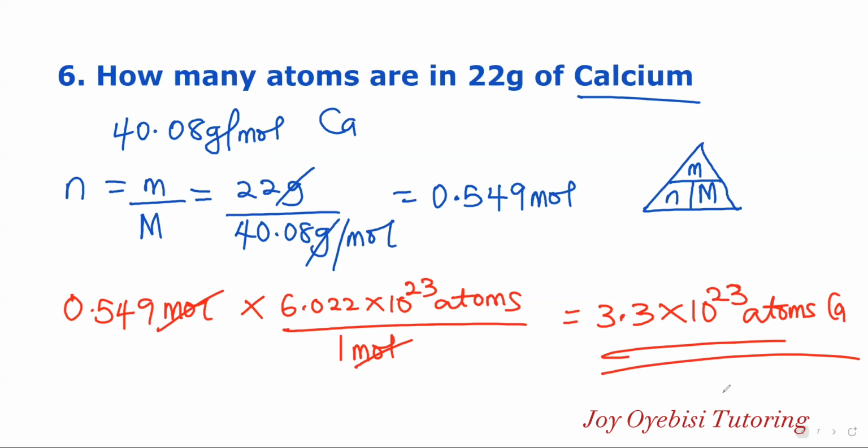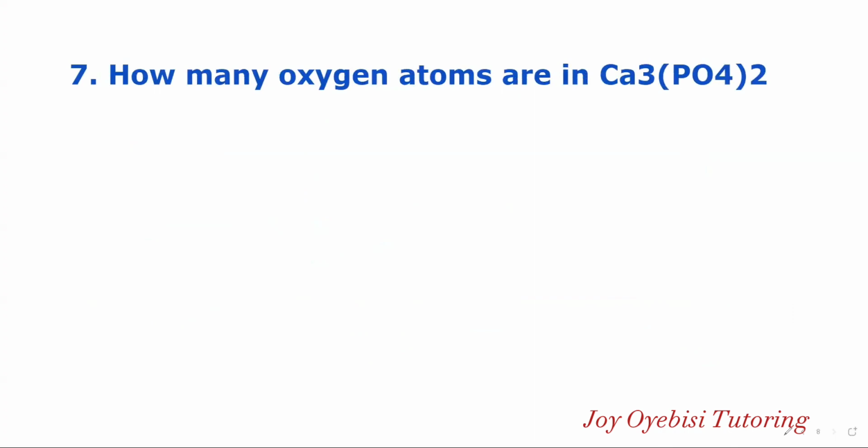In that case, you must use Avogadro's number to figure out the number of atoms by converting the grams to moles and then converting the moles to atoms. But in this case, there is no number given to you, nothing. They are only asking you how many physical oxygen atoms you can see in this compound. So this is different from that other one. It can create a lot of confusion for students, and that is why I put it in these questions.